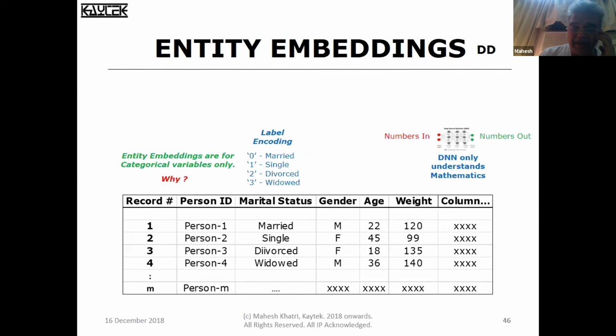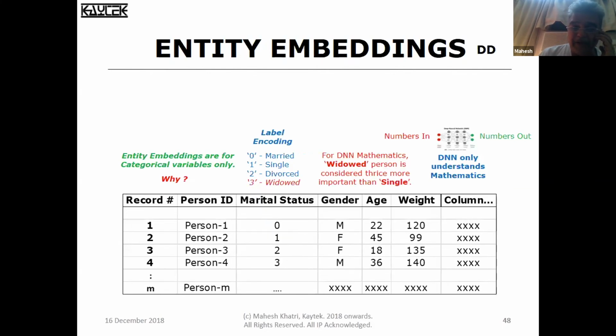But if I just look at it from a pure mathematical form, 3 will have a weight which is 3 times more than single. So from a DNN's point of view, it would multiply the weight for widowed as 3 times that for a single person.